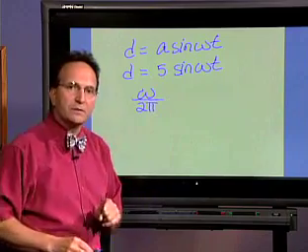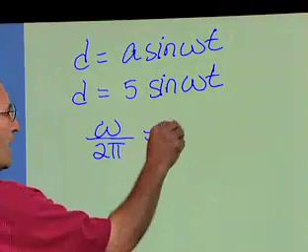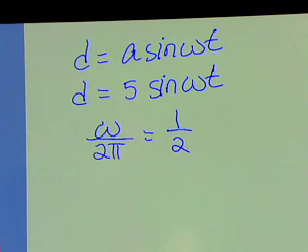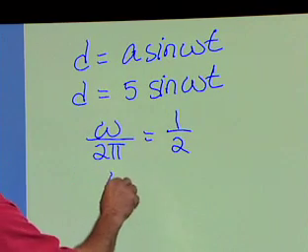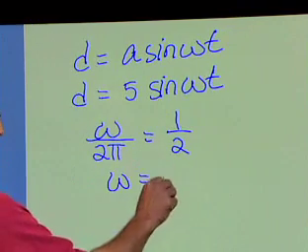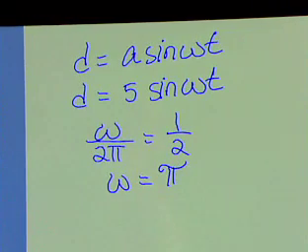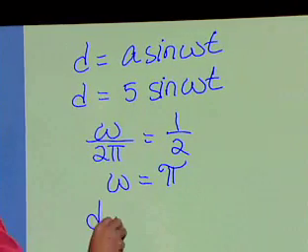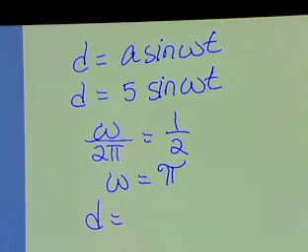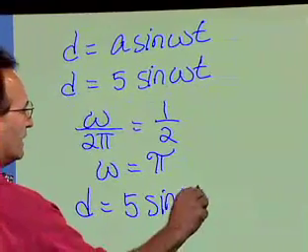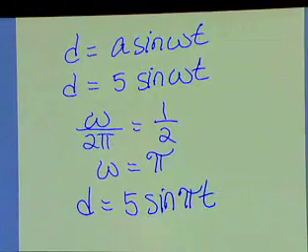And we know that the frequency is 1/2 because it's the reciprocal of the 2 that we were told it takes for a cycle. So now when we solve for omega, omega is 2 pi times 1/2, or in other words, omega is pi. So putting it all together, our equation would look like this. d is equal to 5 sine of pi times t.